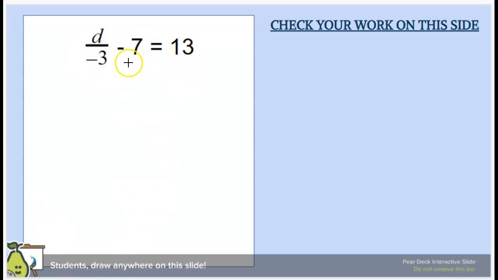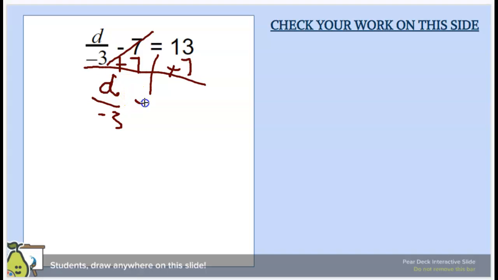Okay, so this one looks a little bit more challenging. So we look and we go, okay, I've got a subtracting and I've got a dividing. So I need to do the subtraction first. So I'm going to add 7 because that's the inverse of a negative 7. So now I'm left with d divided by negative 3, because that's still there, equals 13 plus 7, which is 20.